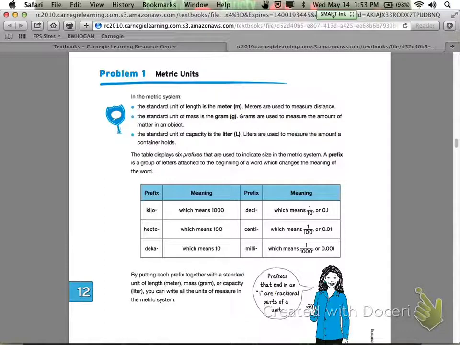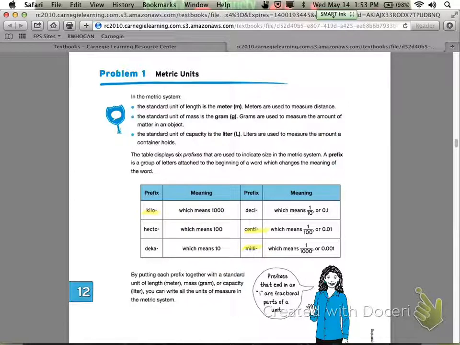The table displays 6 prefixes that are used to indicate size in the metric system. A prefix is a group of letters attached to the beginning of a word which changes the meaning of the word. Based off of the visualizing activity that you have already done with metric units, you should know that these 3 prefixes that are highlighted will be our main focus in dealing with metric units.